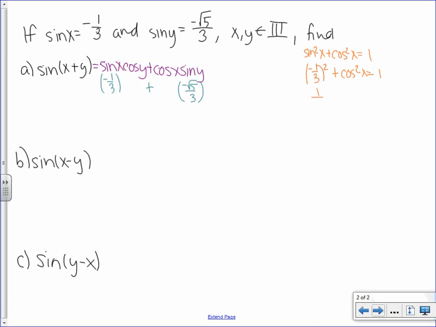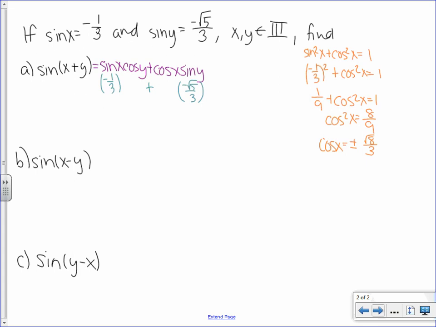So this is going to become positive 1/9 plus cosine squared x is equal to 1. Subtract over the 1/9, so cosine squared of x is equal to 8/9. And then I'm going to get that cosine x is equal to plus or minus the square root of 8 over 3.